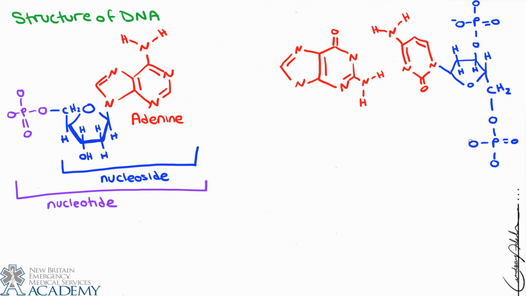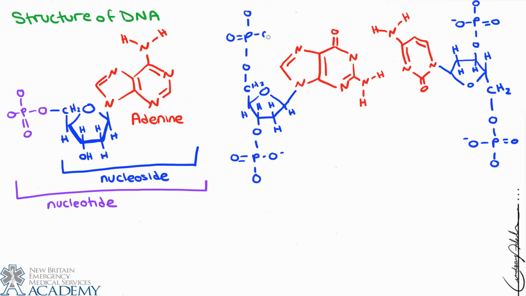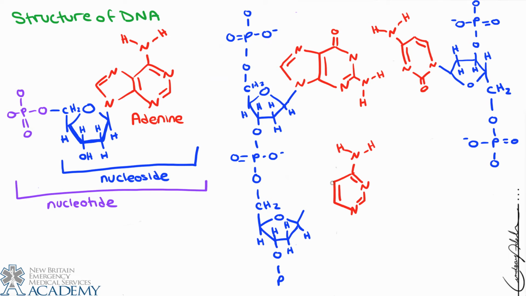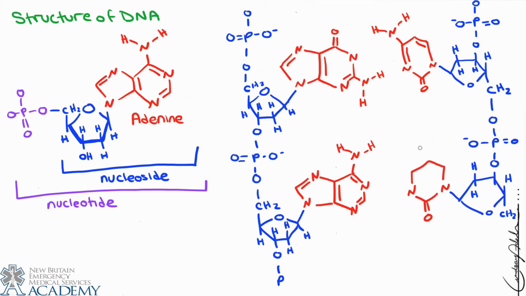So what we see here, we just rearranged the drawing a little bit, but we can see a combination of, in blue, the deoxyribose sugars and the phosphate groups in an alternating pattern. And then we also can see in red our different bases, and we'll actually label them. And we are just showing one of each: G, C, A, and T.